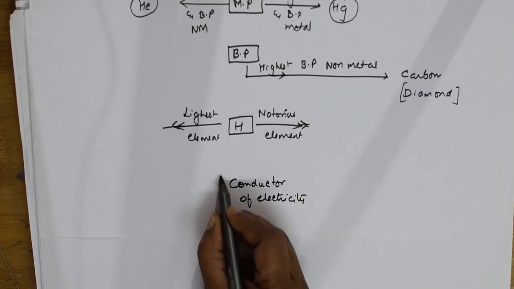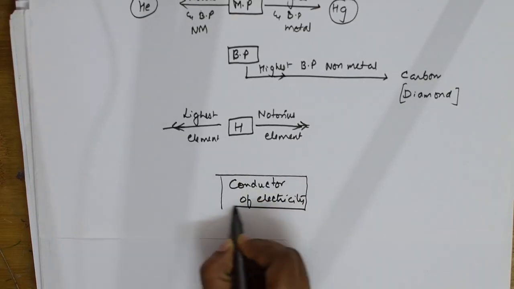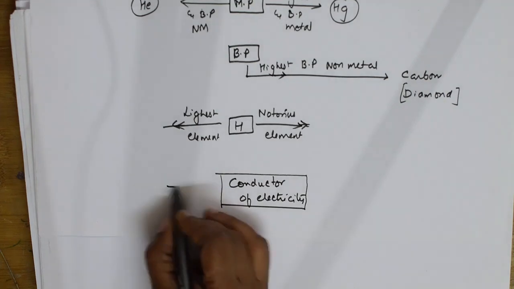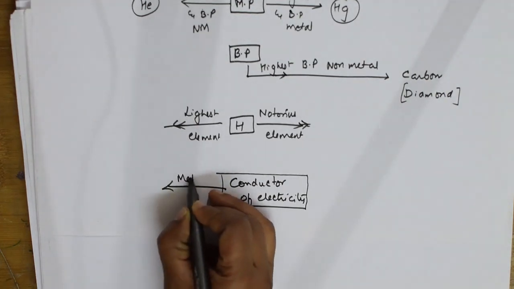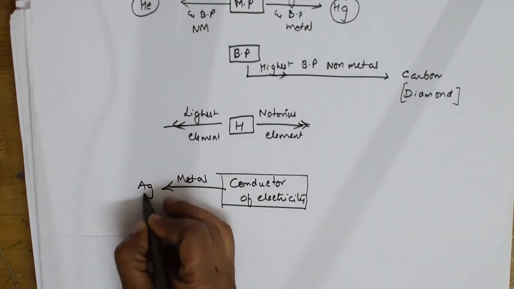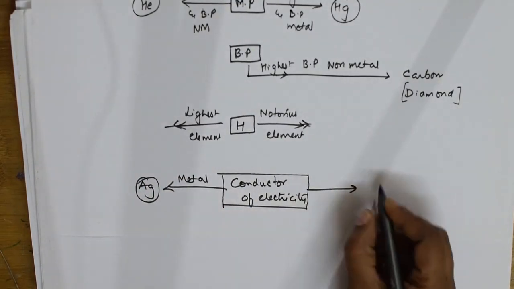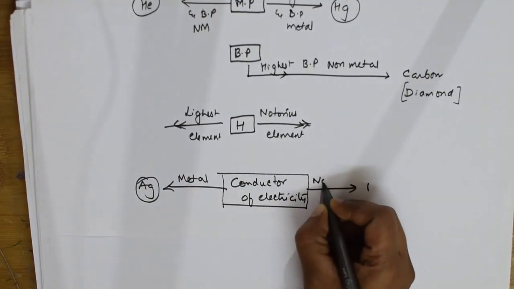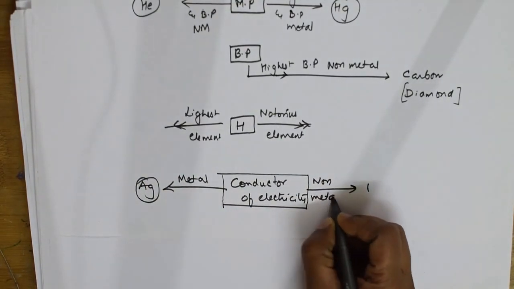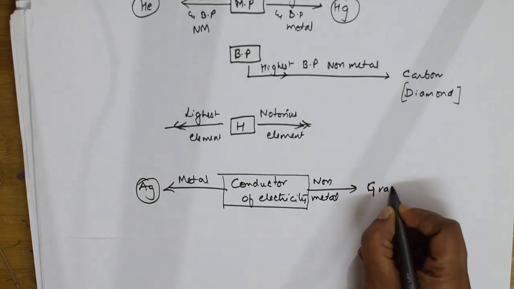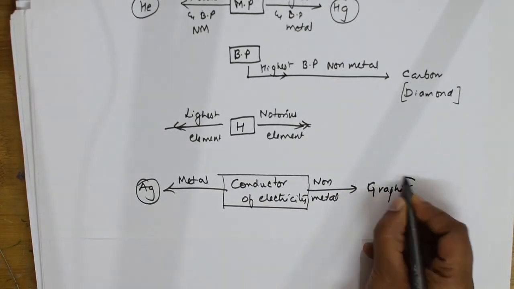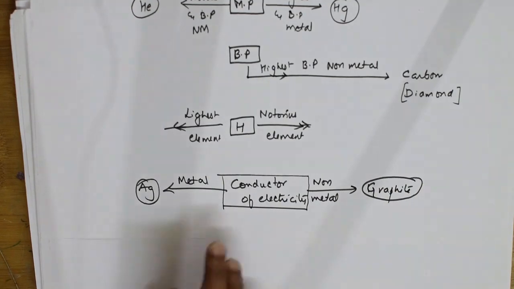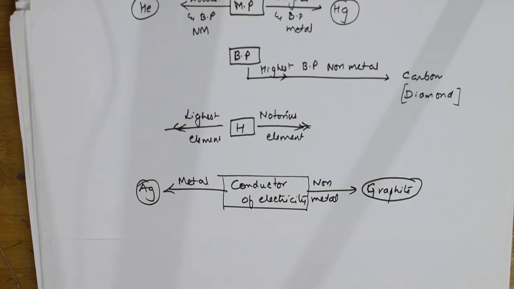The metal which is a conductor of electricity is silver. The non-metal conductor of electricity is graphite.